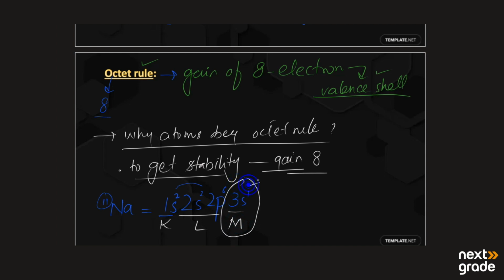In its valence shell it has only one electron. No atom is going to donate 7 electrons to sodium, so in turn the sodium will lose that electron.